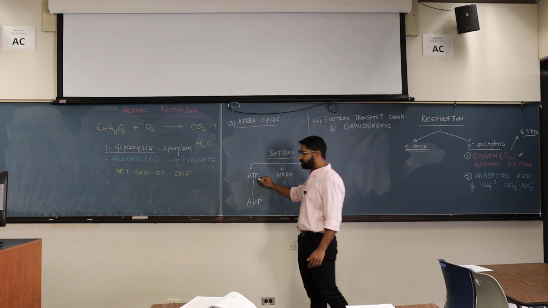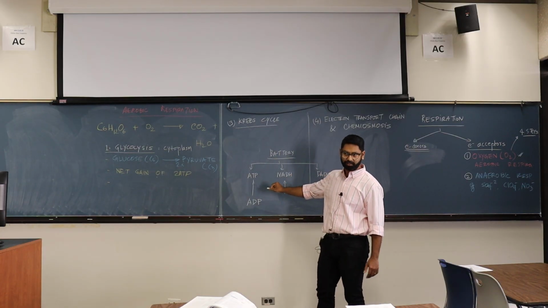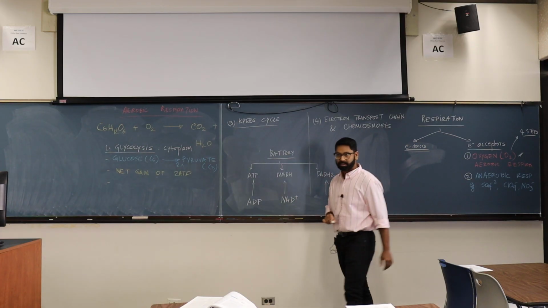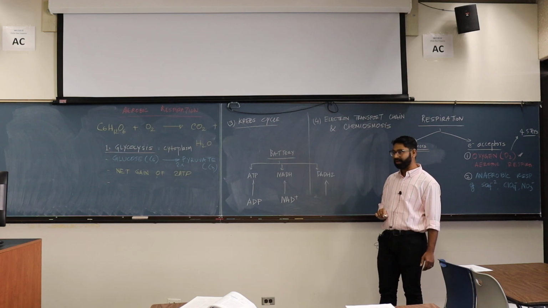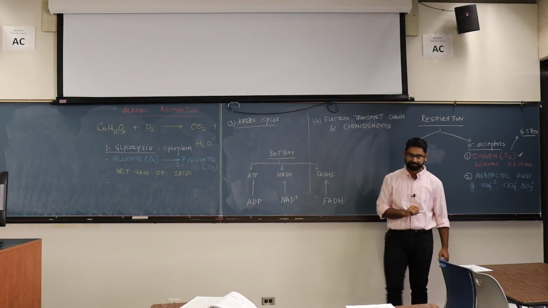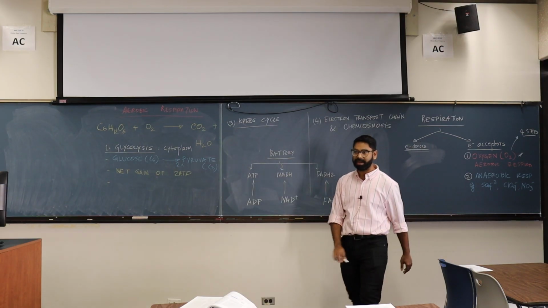What do you need to produce this? A phosphate group, right? NADH, what is the discharged version called? It's NAD plus. And this, FADH. These are different types of batteries.